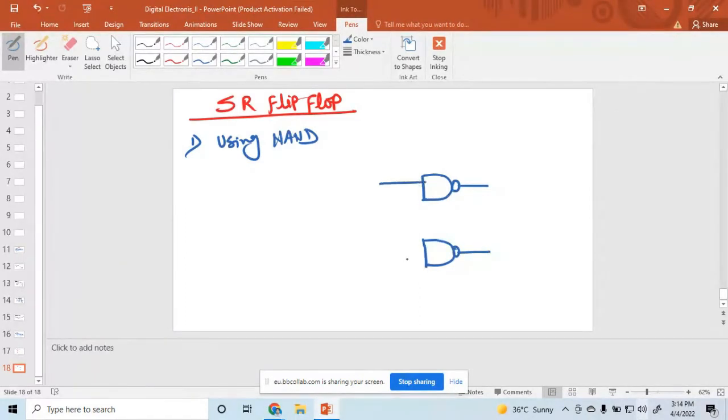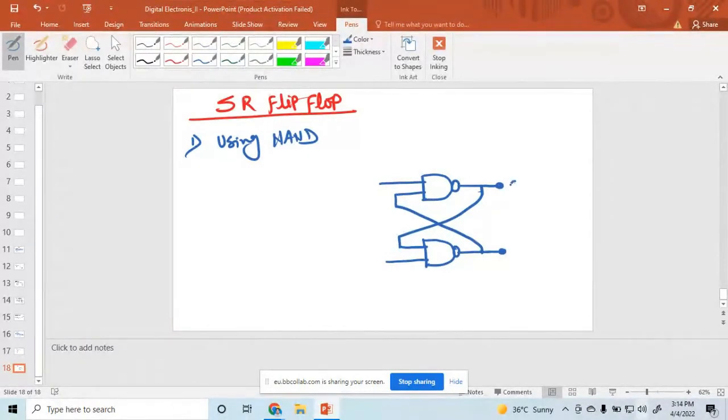Here one input, here one input, and then here you connect feedback. So this looks like a latch.